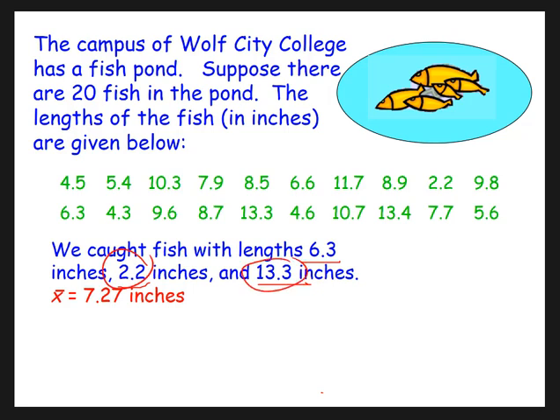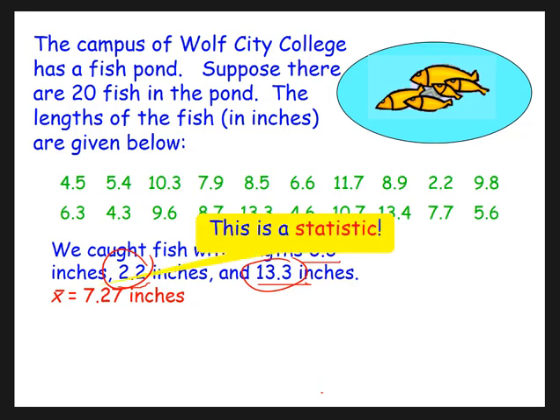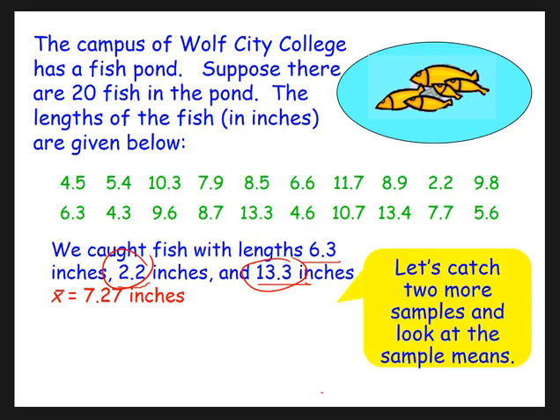That's the whole point of sampling distributions: rather than just selecting one item, which could be small or large, if you select a group, chances are that group might have some small values, but there's a good chance there's going to be some large values to average it out closer to the middle. So the sample mean for those 3 is 7.27 inches. That's a statistic. It describes the sample.